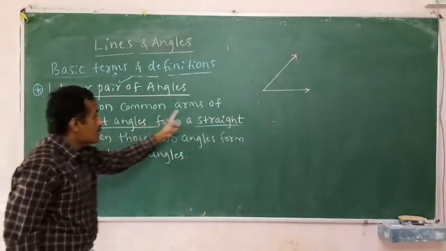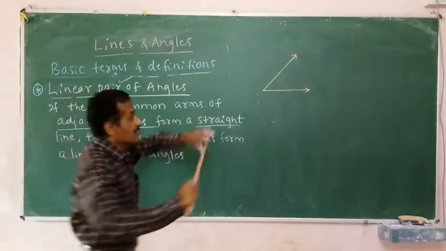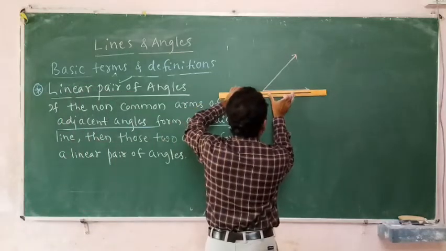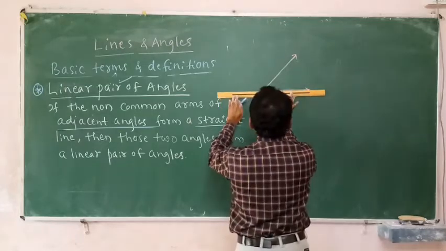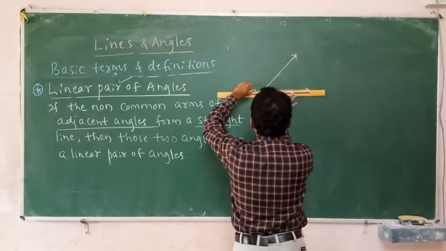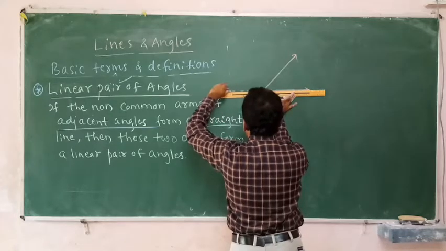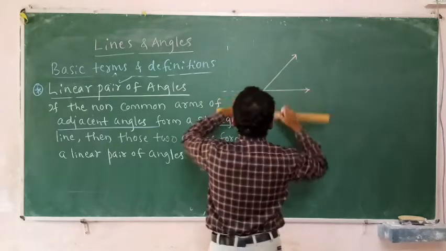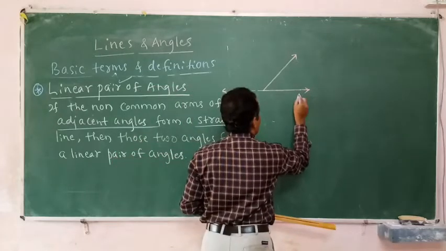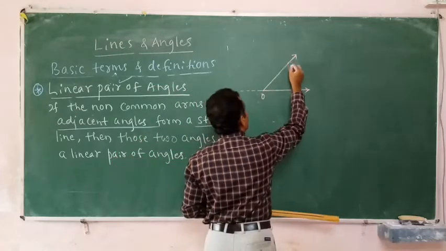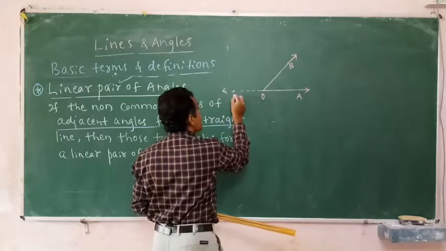The non-common arms must form a straight line. That means my second angle must be like this. See, my second angle must be like this. So I will call this A, O, B, and I will call this C.